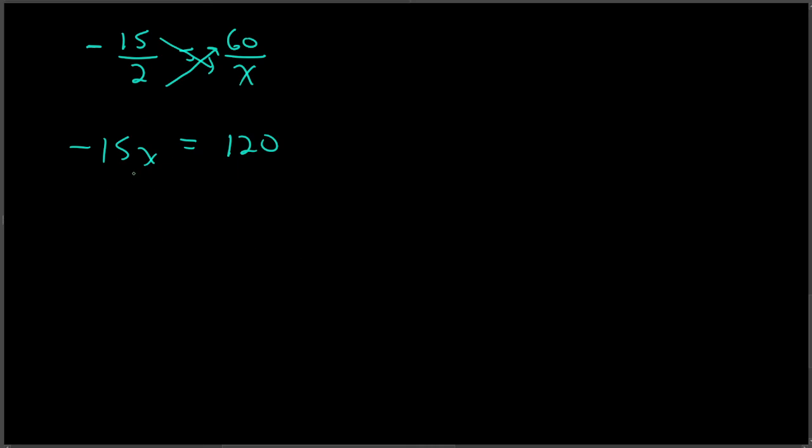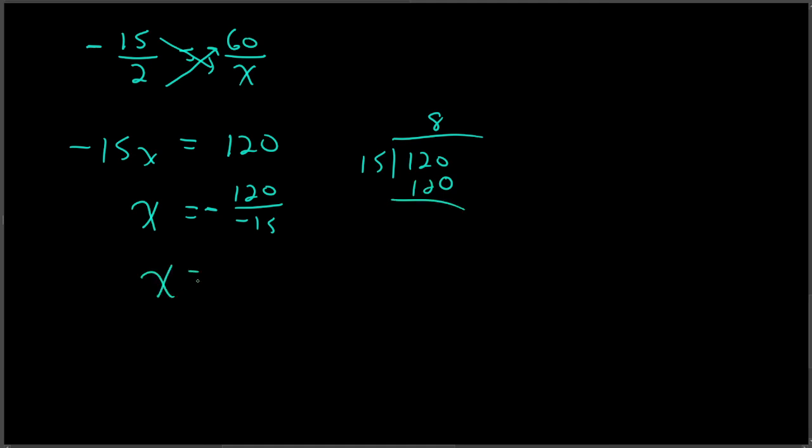I can solve for x now by dividing both sides by negative 15. Let's do the long division out. 8 is 0. Carry my 4. And so x is equal to negative 8.